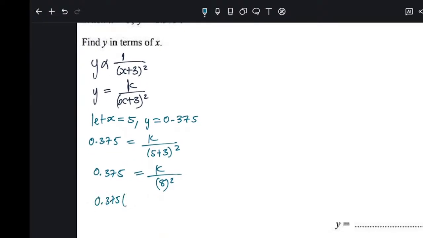So you can now bring it to the other side. 0.375 by, don't you dare say 8 squared is 16. I'll run away from you. 64. That's 8 squared. It's 64. So it'll be k over 64. You can now say 0.375 by 64 will be equal to k, because 64 will come to the other side to multiply. What's 0.375 by 64?